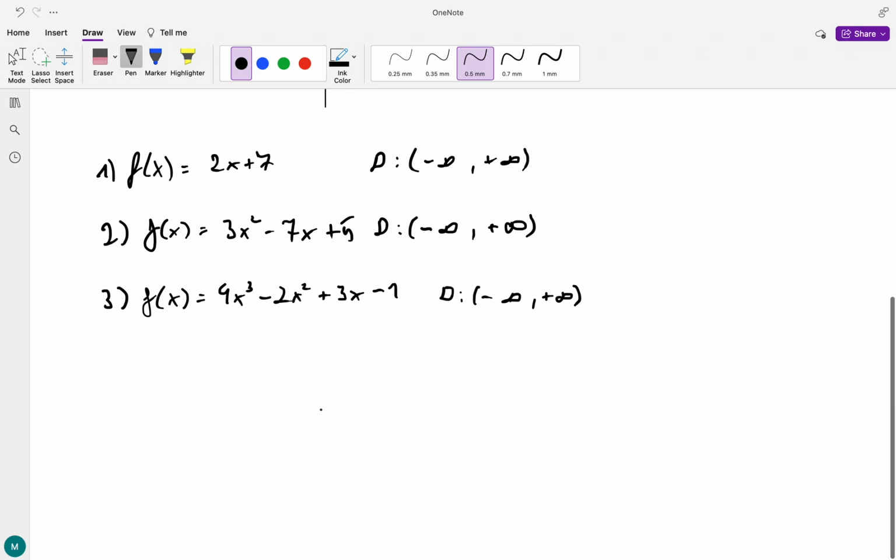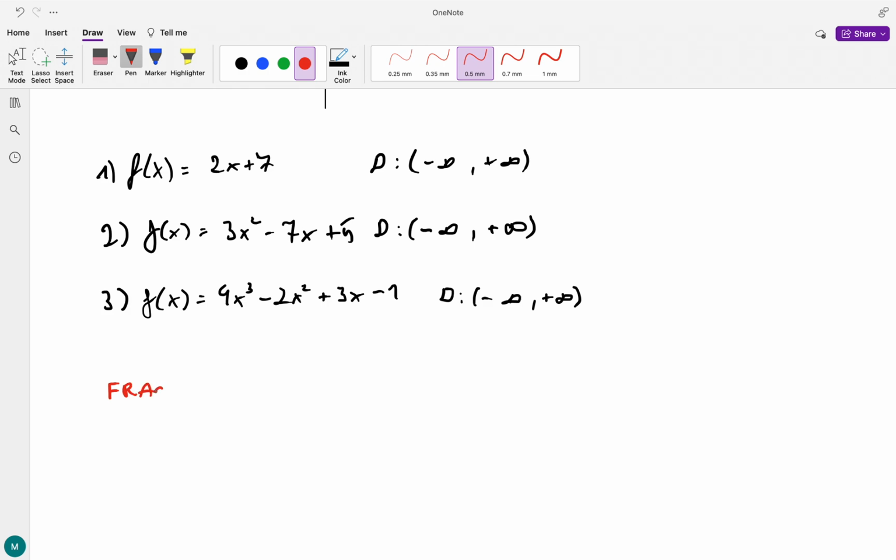Now things change when we start introducing fractions. Okay, so I'm actually going to put it in red because that's very important when it comes to finding the domain. So fractions are different.